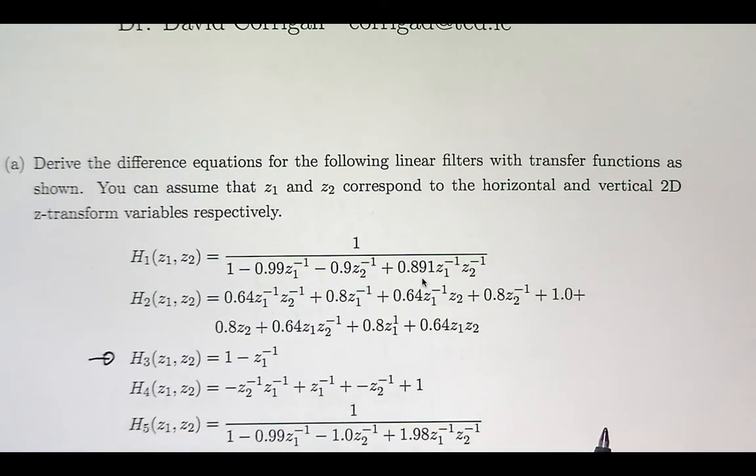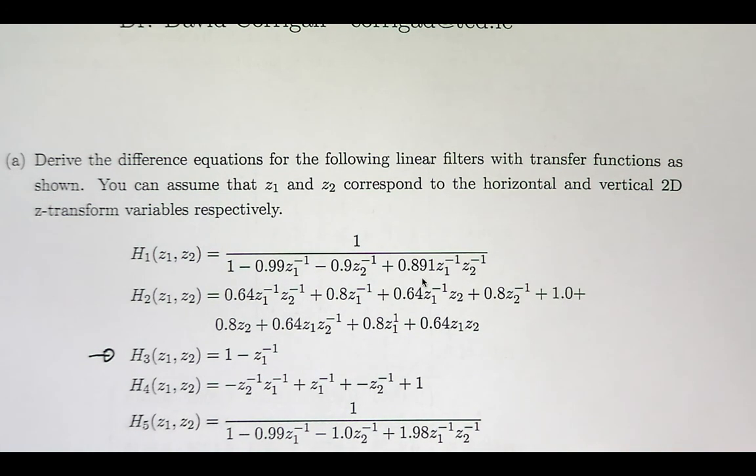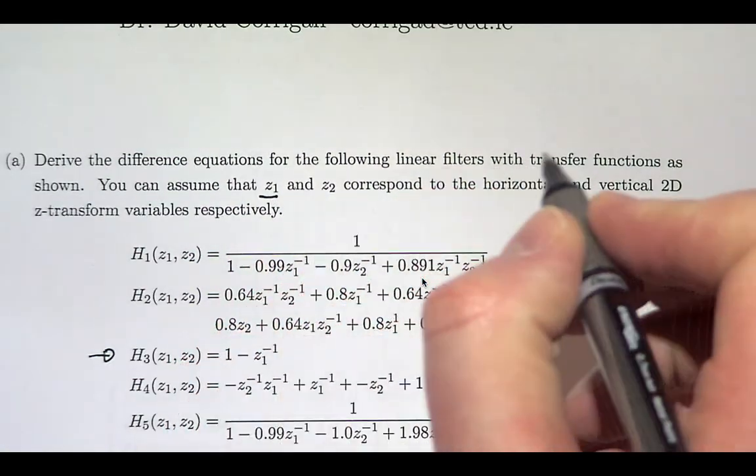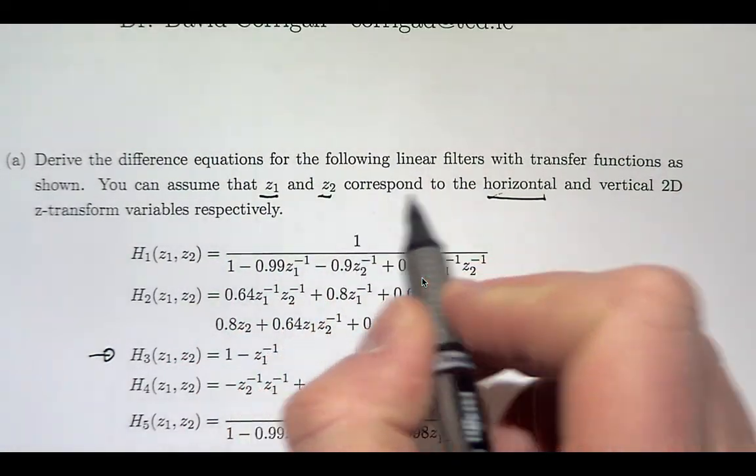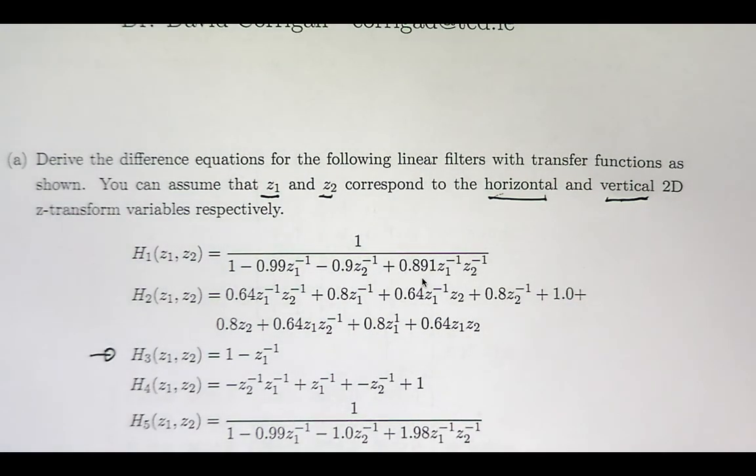In the question here, they explicitly say that Z1 corresponds to the horizontal and Z2 corresponds to the vertical coordinates. So let's do the easiest one. H3 is 1 minus Z1 to the minus 1. You need to write down what the difference equation is for that particular system. Now remember, you have two coordinates, not only one, as I just mentioned before.